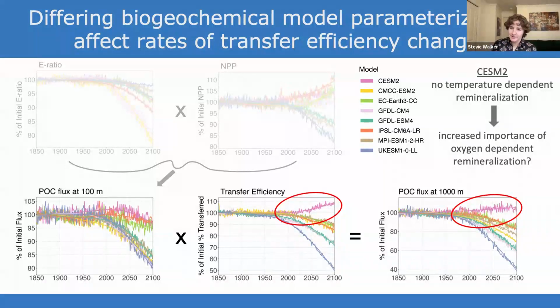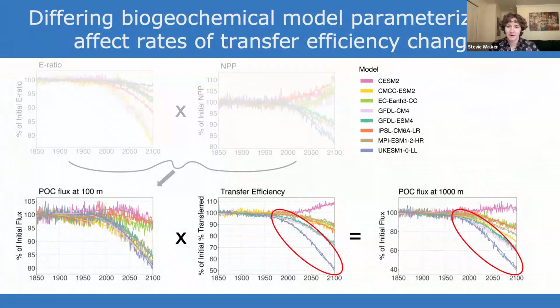But without this parameterization, others could have a greater importance, such as oxygen dependent remineralization, where hypothetically, an increase in low oxygen conditions would slow down POC remineralization, which could maybe lead to a transfer efficiency increase. It's hard to parse apart, but this is one idea we had.